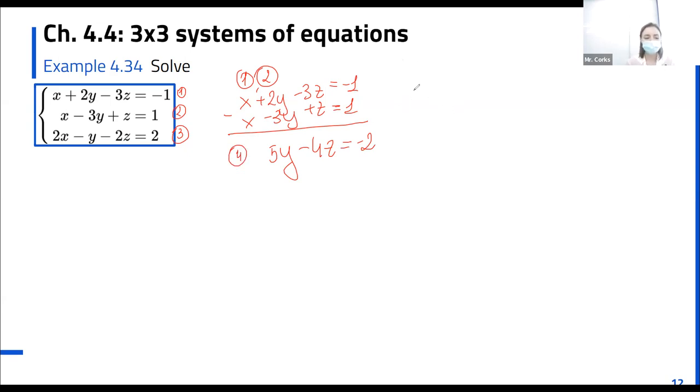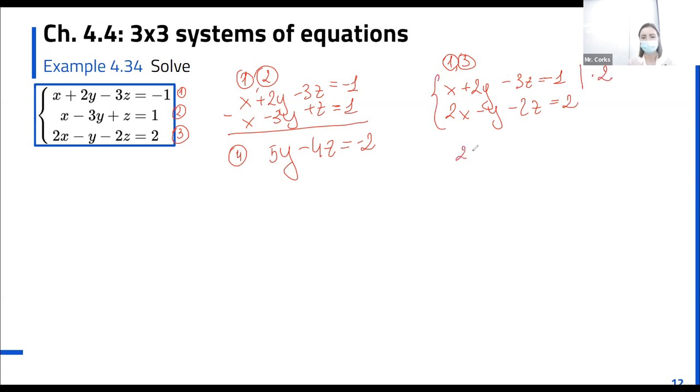What we will do next, we will take a look at the first and third. We need to get rid of x. To do this, we need to multiply the first equation by 2 to get the same coefficient.